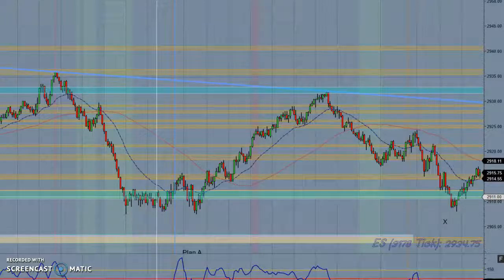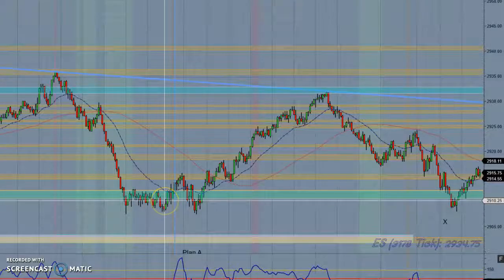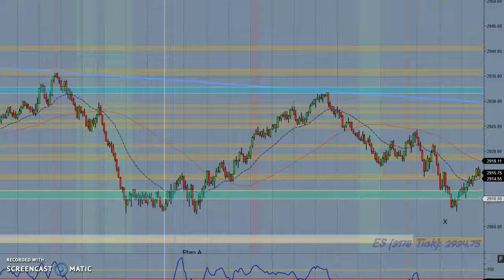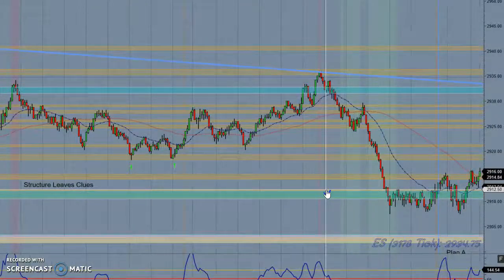When it's 6 days already, the market doesn't know whether that level is still significant to it. Okay, it doesn't matter.